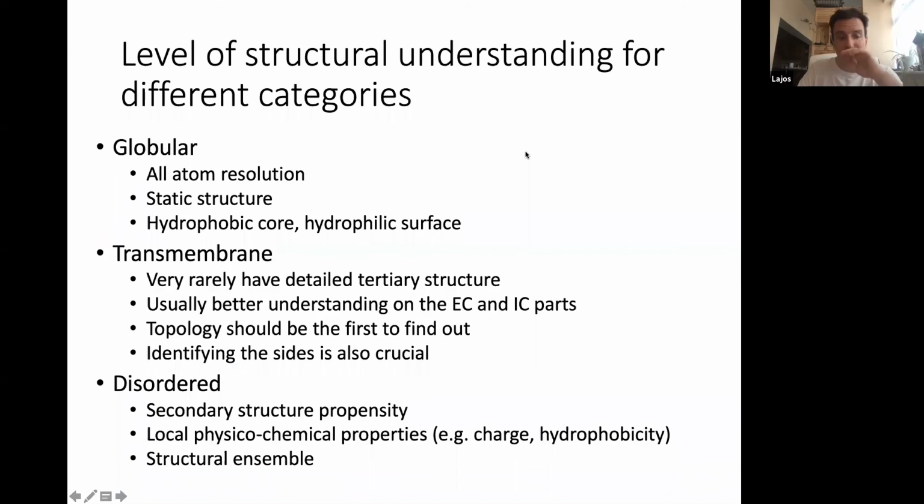Okay, so if you know which category your protein is in, let's see what level of structural understanding you have a chance to achieve. Again, if you have a globular protein, then you probably will be able to go down to all atom resolution.